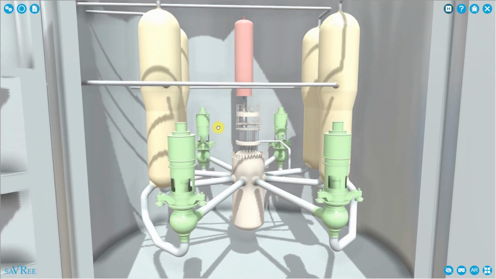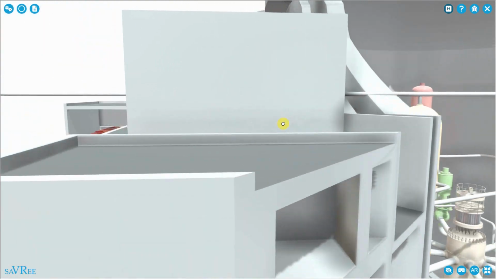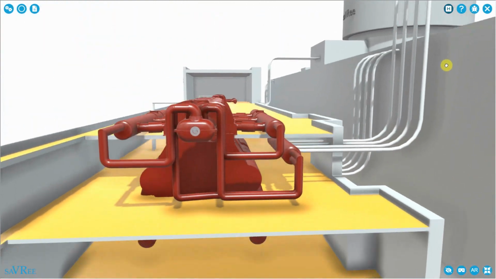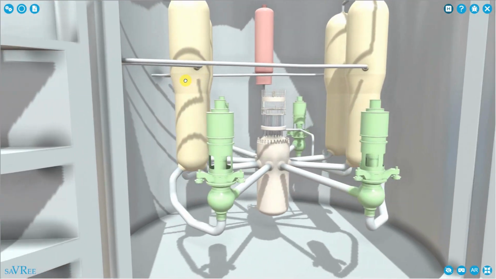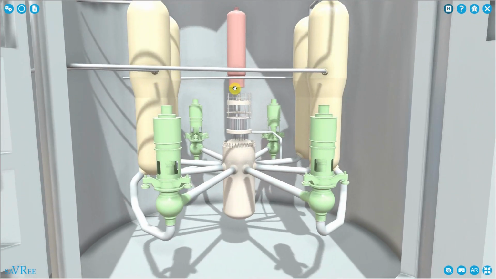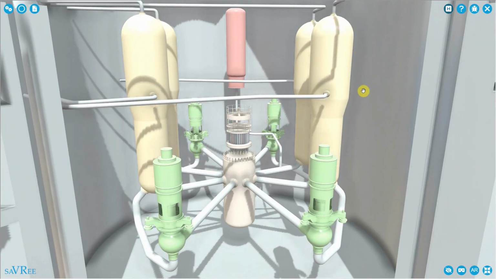So just to complete the understanding here, we're essentially sending steam over to our steam turbines from the nuclear island, from our pressurized water reactor. If we were looking at a different type of thermal power station, we would most likely see a water tube boiler which forms our heat source.